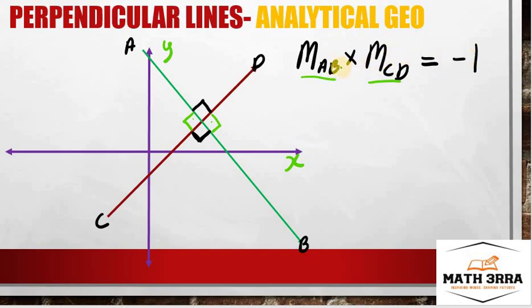To paraphrase, the product of the gradients of perpendicular lines gives us -1. When we multiply the gradients of perpendicular lines, we get -1. That's what I want you to take away.